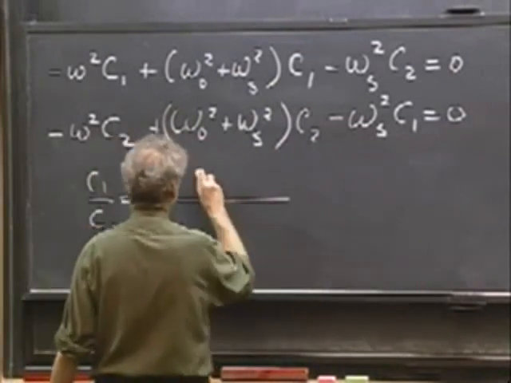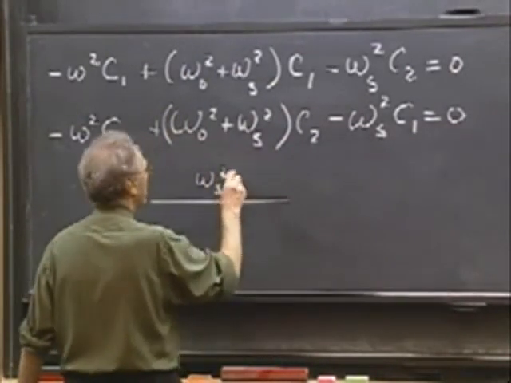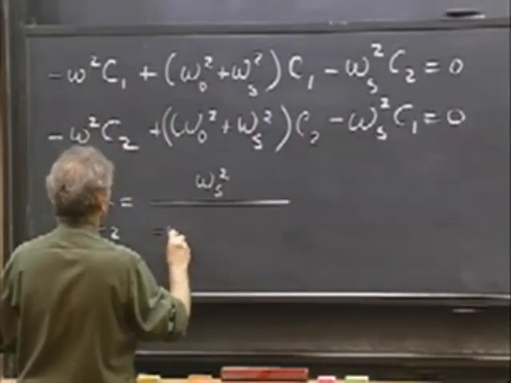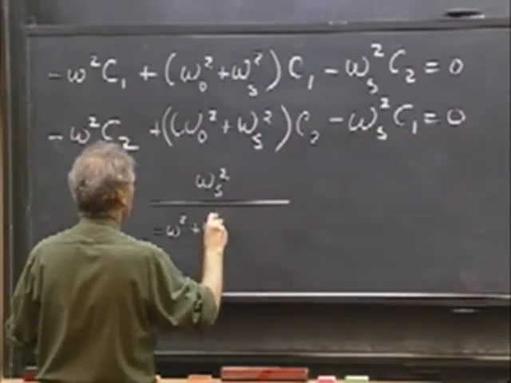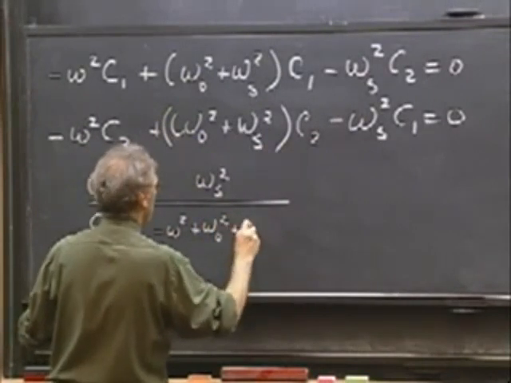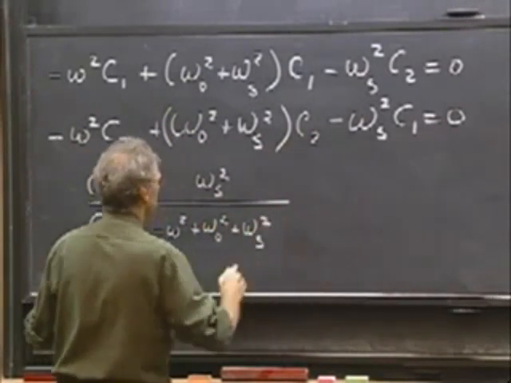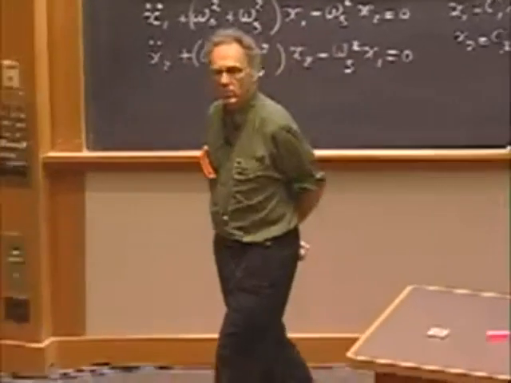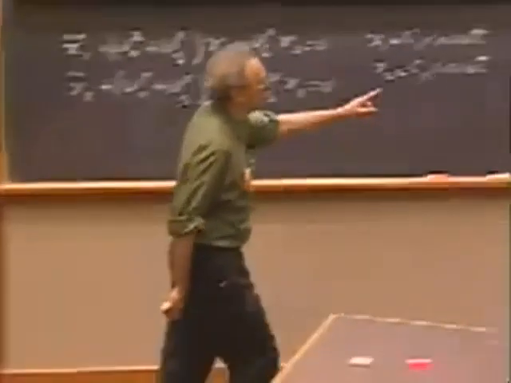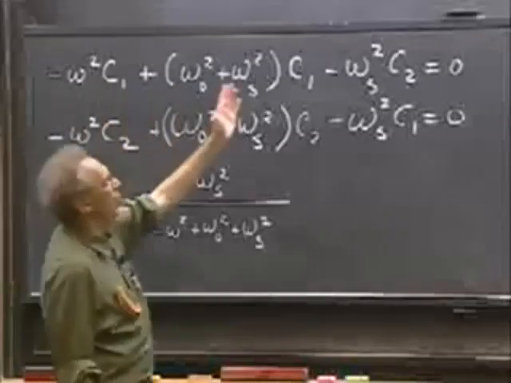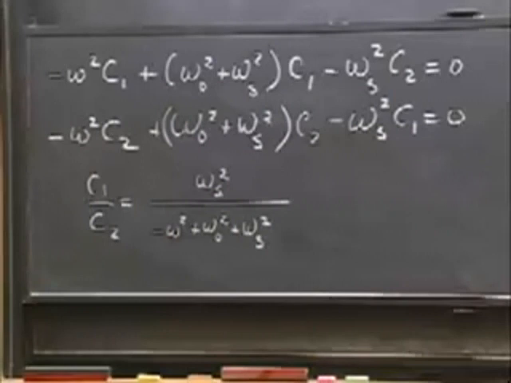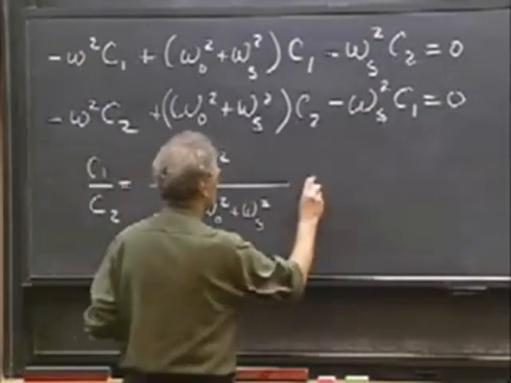I get omega s squared upstairs, which is this one, and all this comes downstairs: minus omega squared plus omega 0 squared plus omega s squared. Do we agree? That's the first equation. I've simply written it as c1 divided by c2. I can always do that, right? Bring the c1s to one side, the c2s to one side, and divide them. That's this. And I'm going to do the same with the next equation.